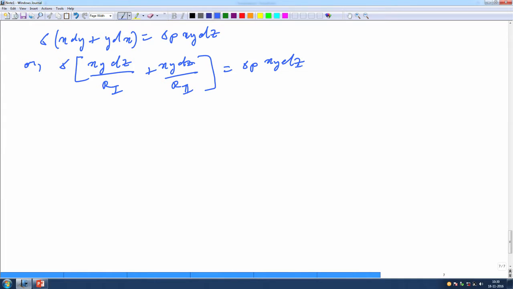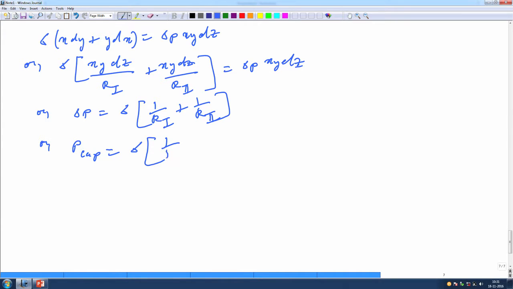So x y dz cancels from all three expressions, and you will get delta P is equal to sigma into (1 by R1 plus 1 by R2). So the capillary pressure is given by sigma times (1 by R1 plus 1 by R2). That is the expression, that is the Young-Laplace equation.